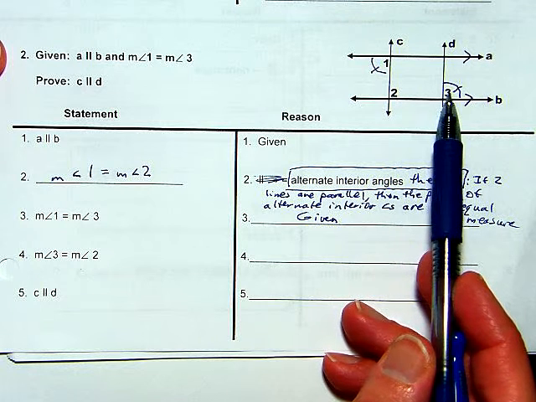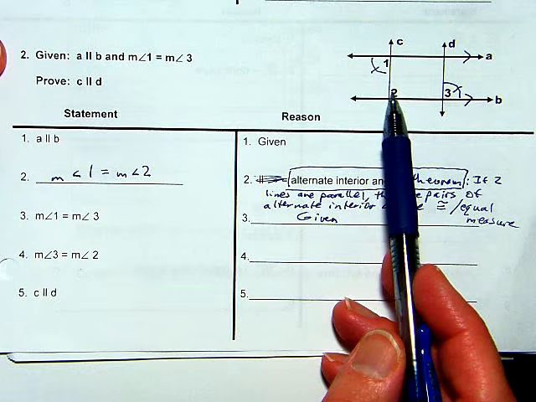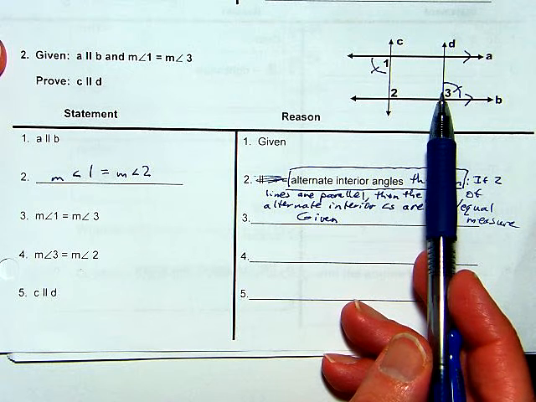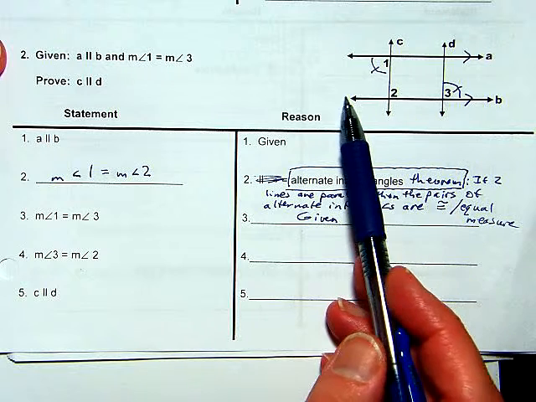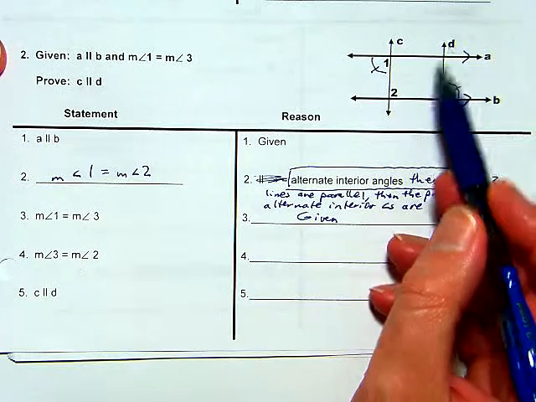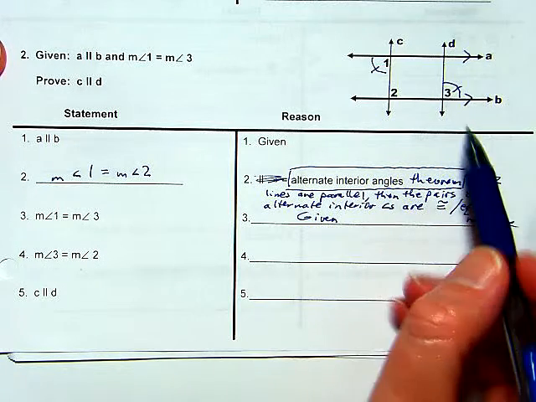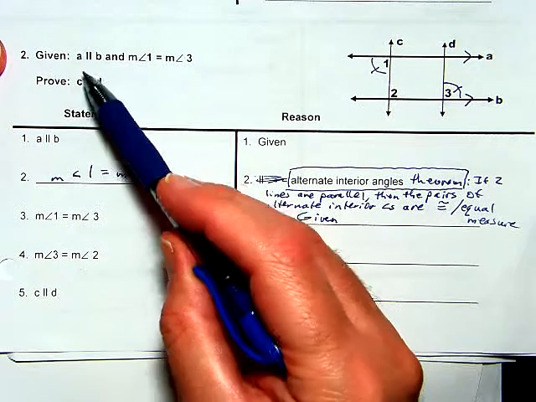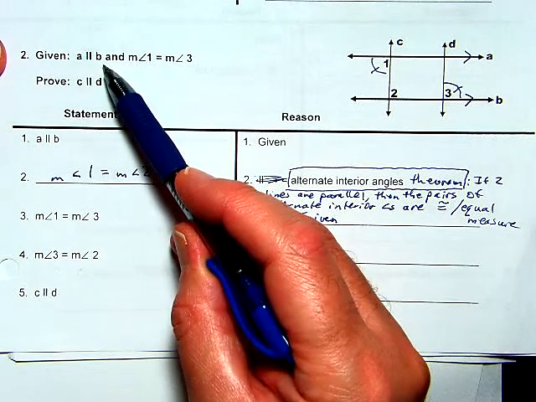We cannot say yet that angle 2 has the same measure as angle 3 because the transversal is line B and the two parallel lines would be C and D, but that's what we're trying to prove. We're trying to prove that C and D are parallel. We weren't given that. We were given that A and B are parallel.